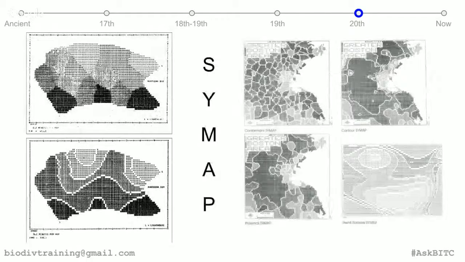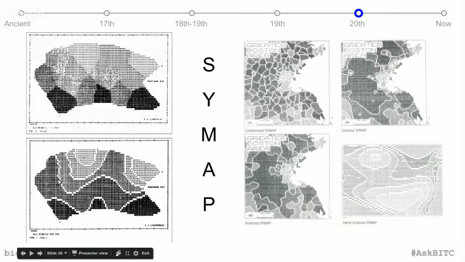These are actual SciMap outputs. You can see that they are drawn using ASCII characters, with lines dividing areas being simply white spaces, and different colors are represented by using different density characters.